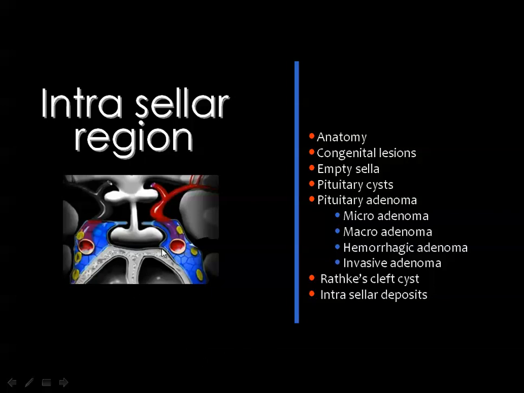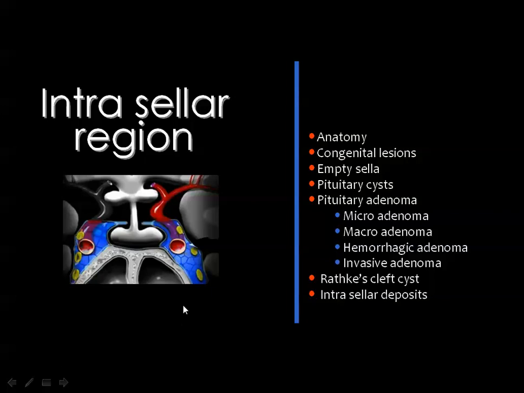The lesions occurring inside the pituitary fossa, lesions above the pituitary fossa occurring in the suprasellar area, and lesions occurring on either side of the pituitary fossa that are involving the region of the cavernous sinus.